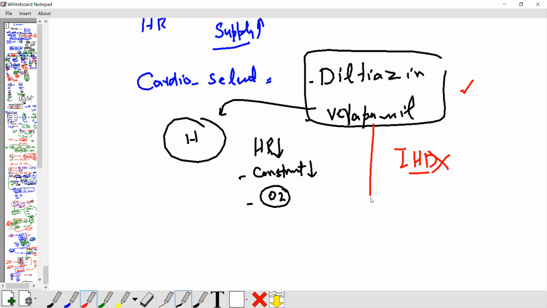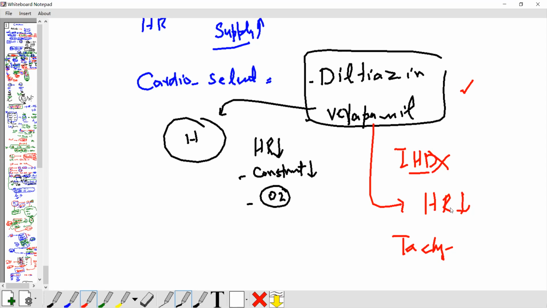So for what purpose do we use the cardioselective ones? We use them to decrease the heart rate if the patient has any type of tachycardia. Diltiazem and verapamil act like anti-arrhythmic drugs; they control the rhythm of the heart. In case of tachyarrhythmias like ventricular tachycardia or SVT, if there is an issue in the node leading to tachycardia, we apply cardioselective calcium channel blocker.